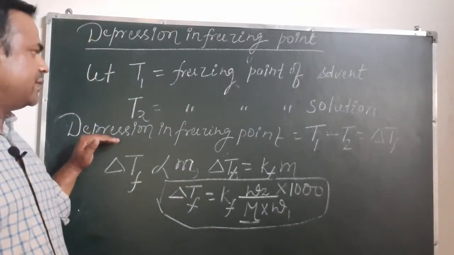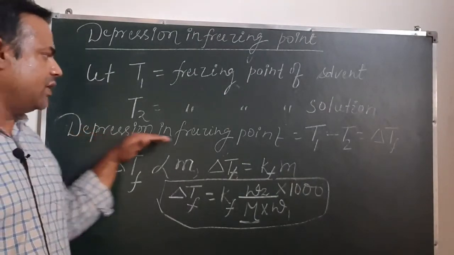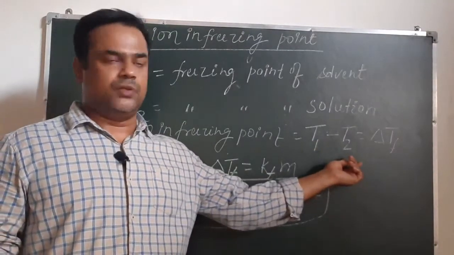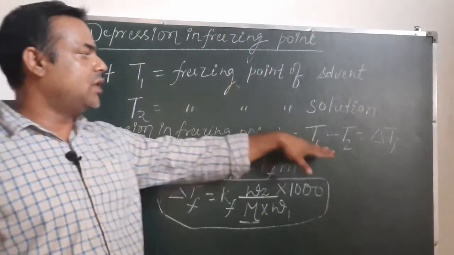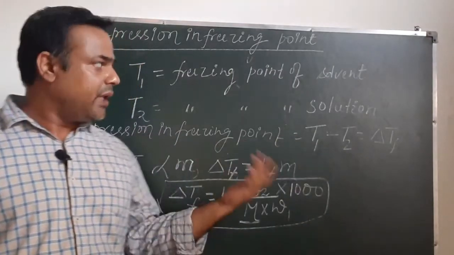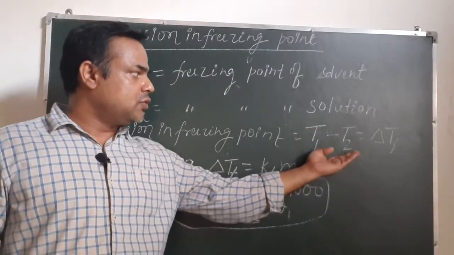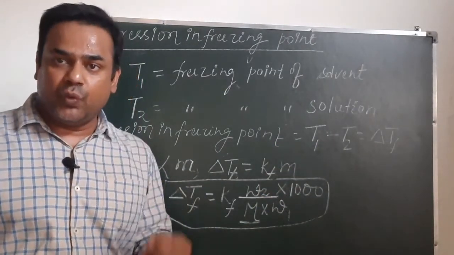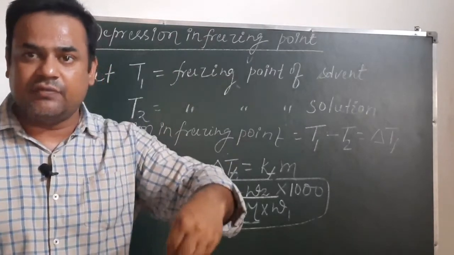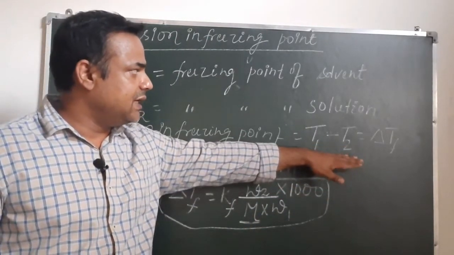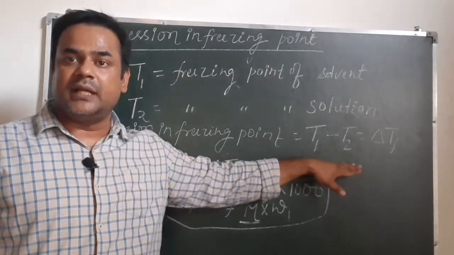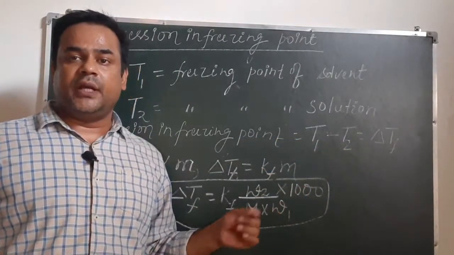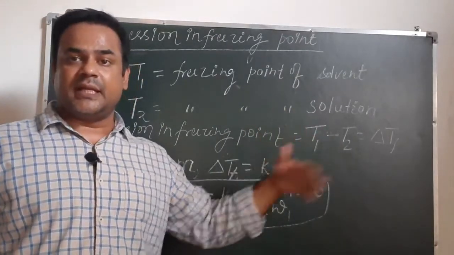So mathematically, if we have to calculate depression in freezing point, then delta TF will be T1 minus T2, that is freezing point of solvent minus freezing point of solution. You may write freezing point of solution minus freezing point of solvent also, but we know that when we add impurity in the solvent, there is a decrease in freezing point. So if we take T2 minus T1, that difference will be negative, and we cannot express freezing point depression like that.